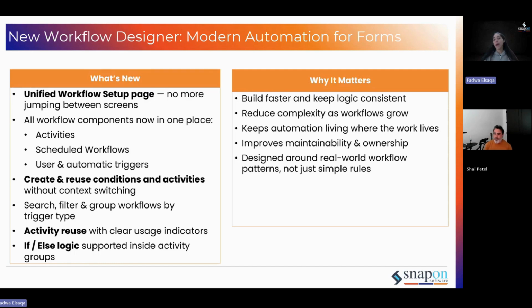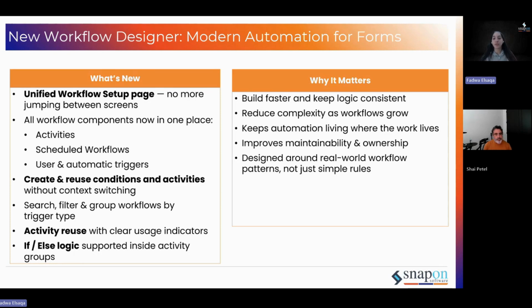We've also added improvements that make the experience more scalable as workflows grow. Users can now search, filter, and group workflows by trigger type and activities to reuse them, with much clearer and visible usage indicators. Another key enhancement is support for if and else logic within activity groups.